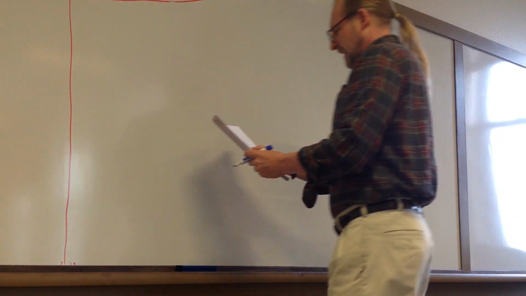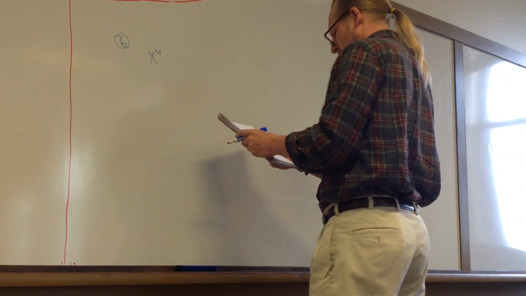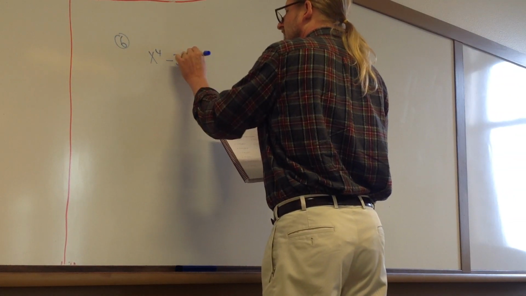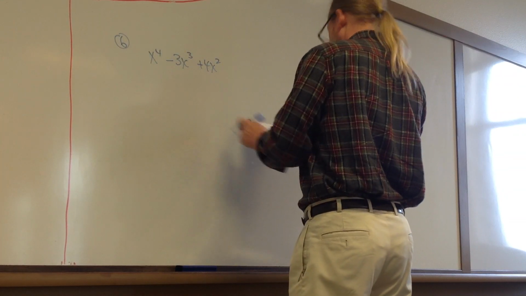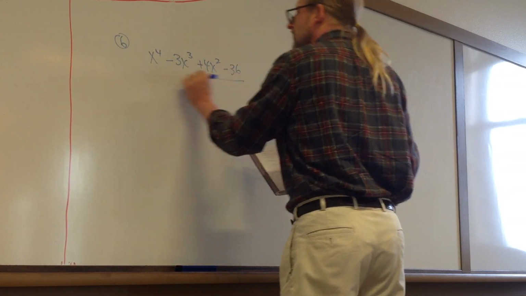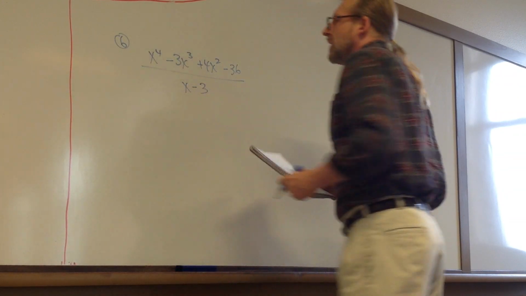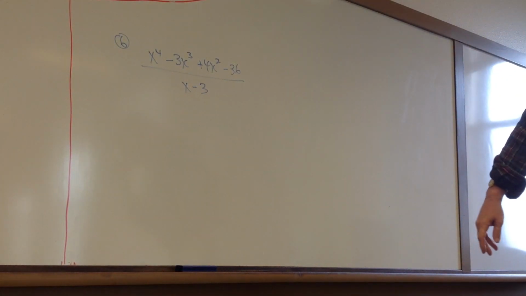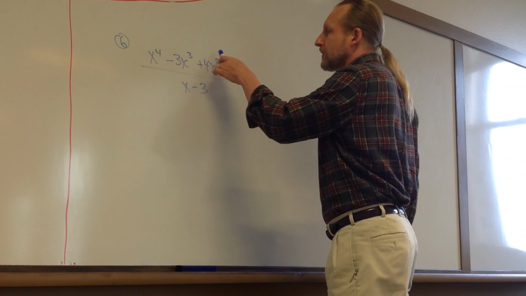Let's do problem 6. We've got x to the 4th minus 3x cubed plus 4x squared minus 36. And again, we're dividing by x minus 3. Okay, so first off, let's make sure that we've got all the powers of x, 4th, 3rd, 2nd.